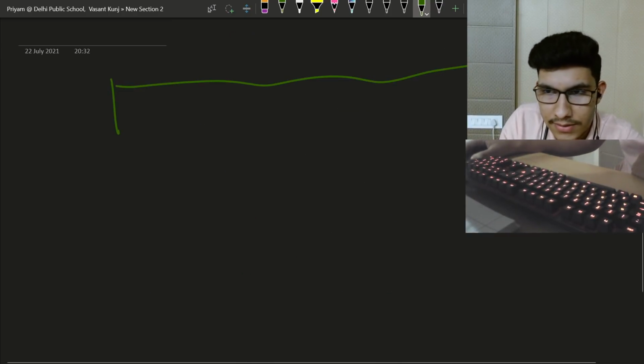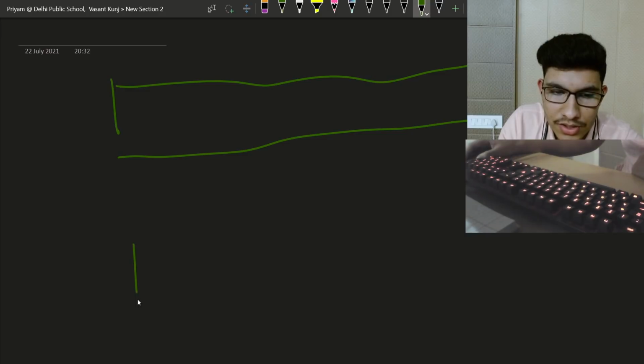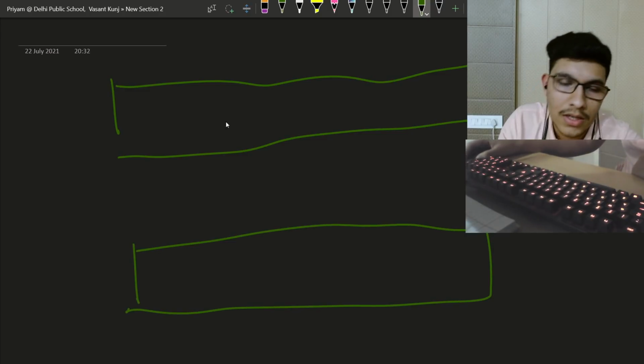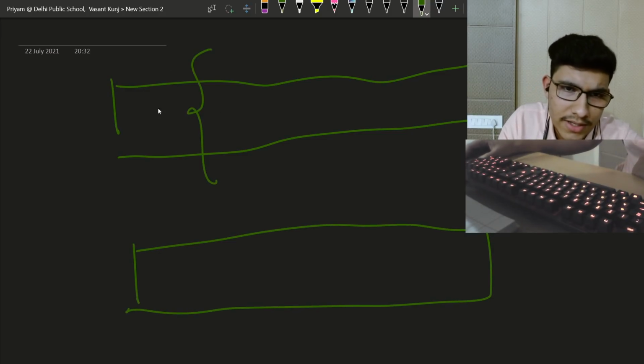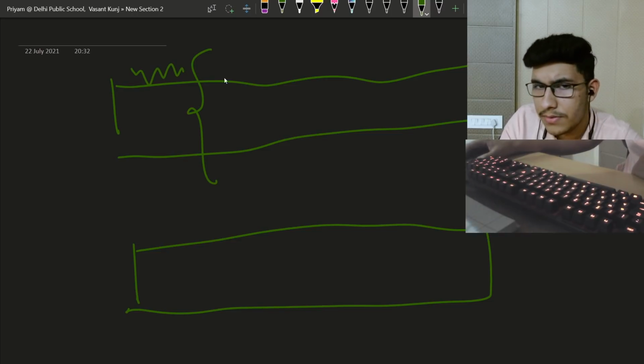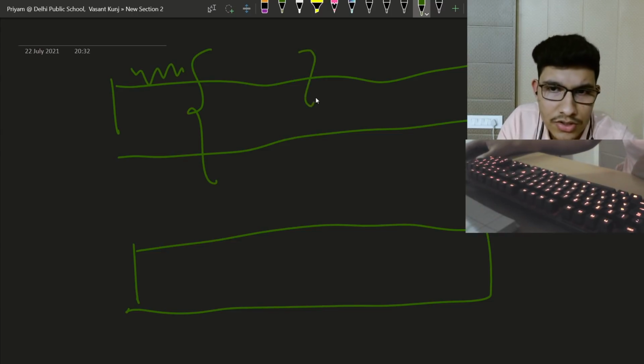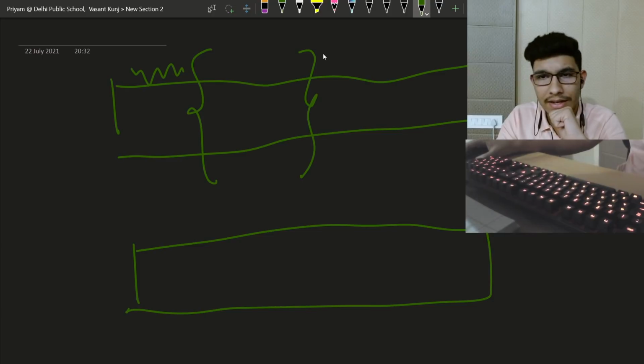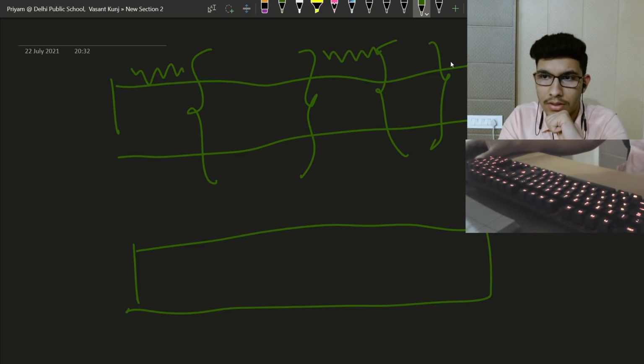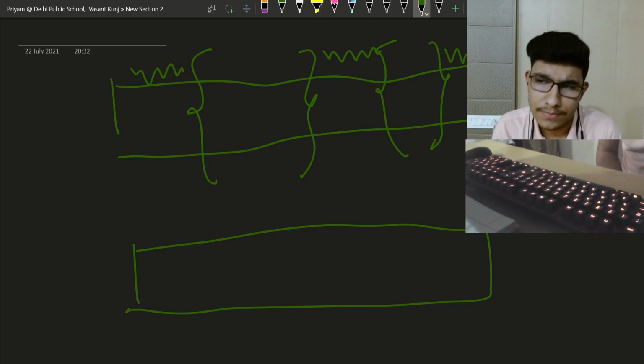I have string s, I have string t. From the very start, I can remove any characters, odd or even, that is totally my choice. But as soon as I start the string, then I can only remove even characters from here, then even characters from here. And the last one, if it is even or odd, it does not even matter.